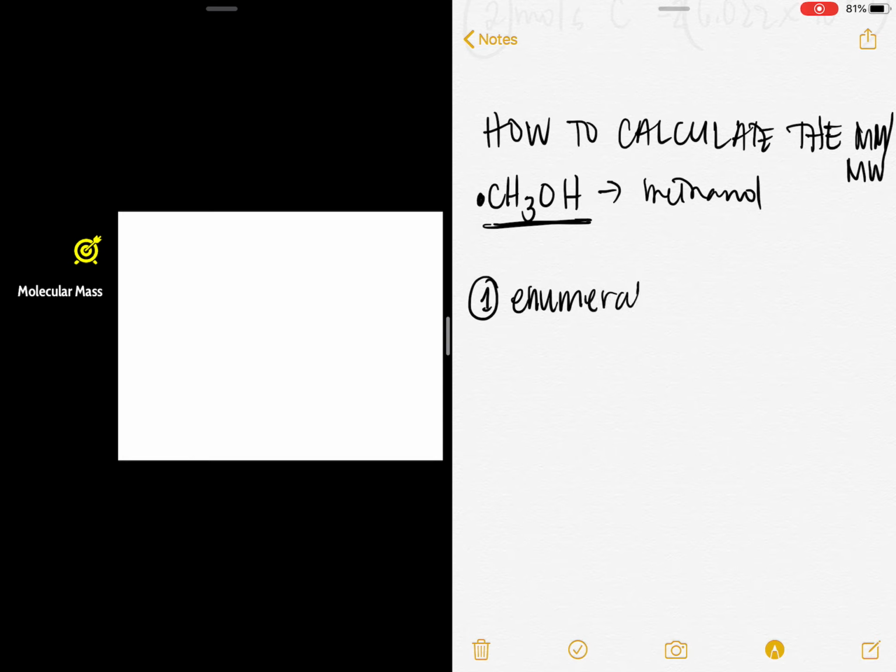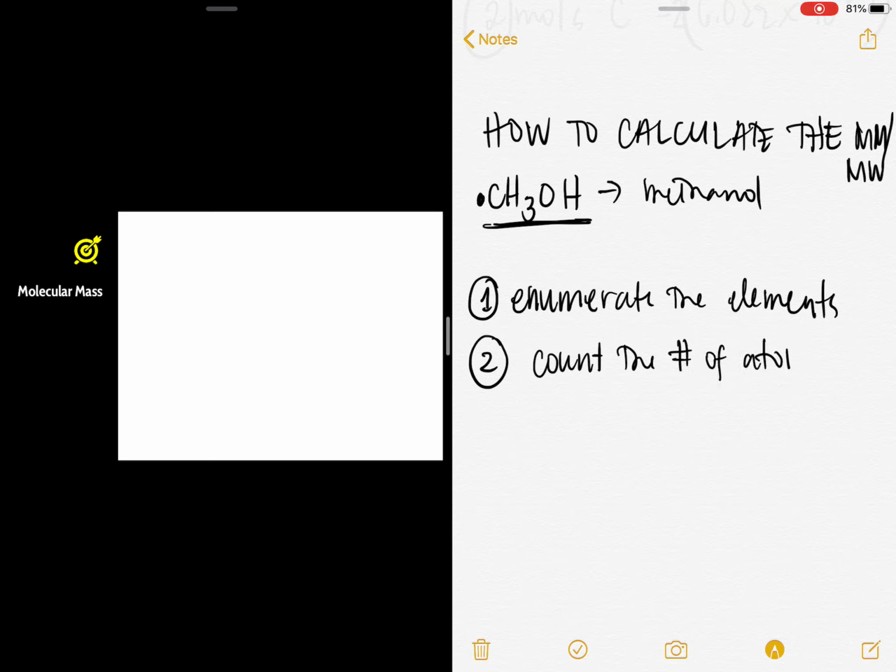Number 1, enumerate the elements. Step 2, count the number of atoms. Binibigay ko na yung steps ha, para mas madali. Number 3, multiply with the atomic weight.